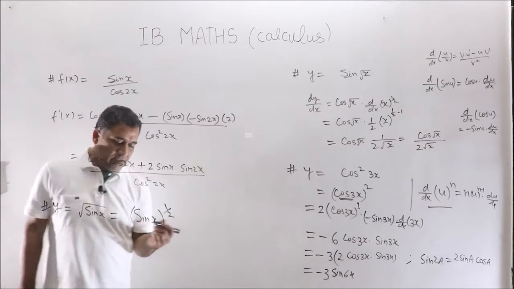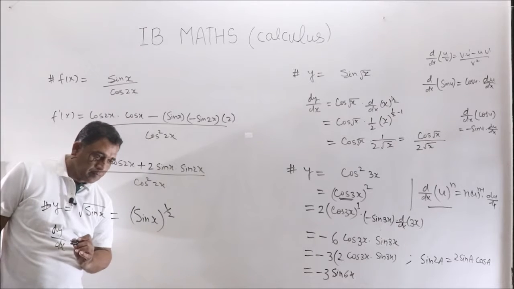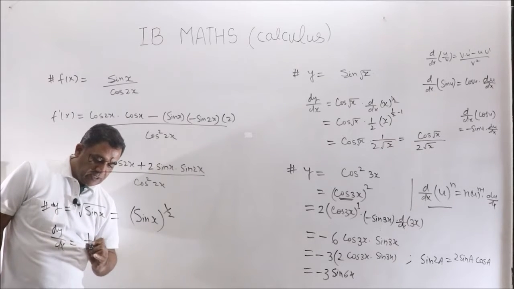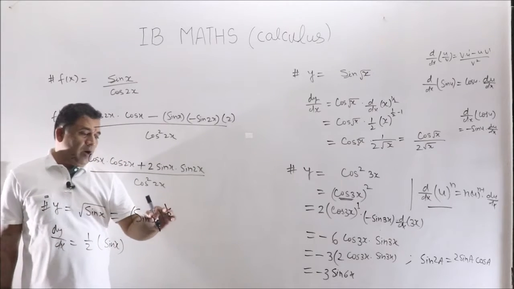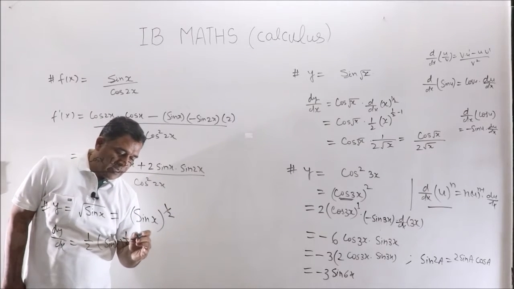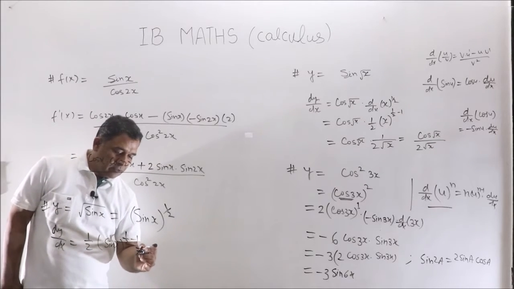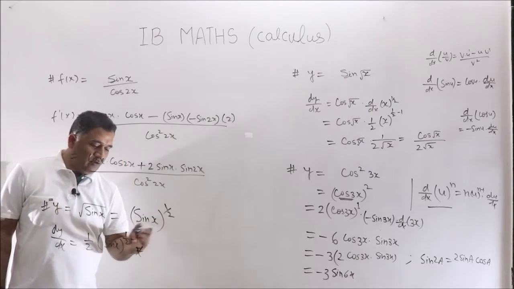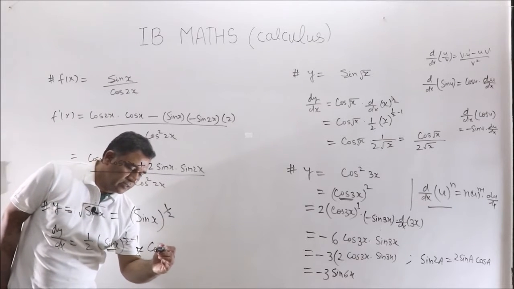So dy by dx would be, first 1 by 2 comes outside, times sine x with the power reduced by 1, so 1 by 2 minus 1 gives negative half, times the derivative of sine x, which is cos x.